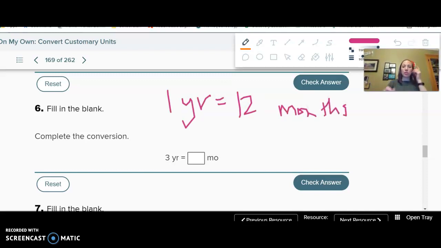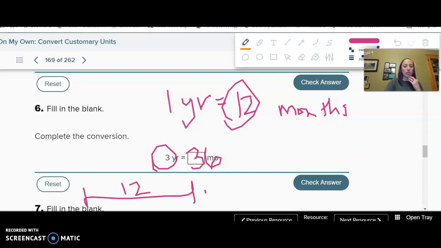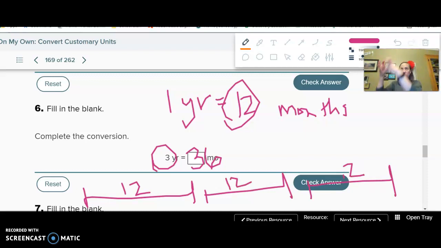I also know I'm going from a bigger to a smaller unit, so I need to multiply. So I take 3 times 12, and that's 36 months. Or I can think about, okay, this year is 12, this year is 12, this year is 12. So sometimes drawing a visual can help us picture this group, this group, this group. If you need more help, let me know. Good luck.